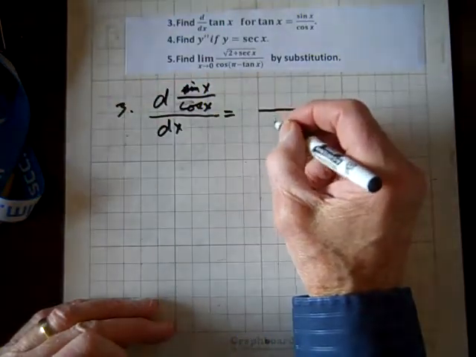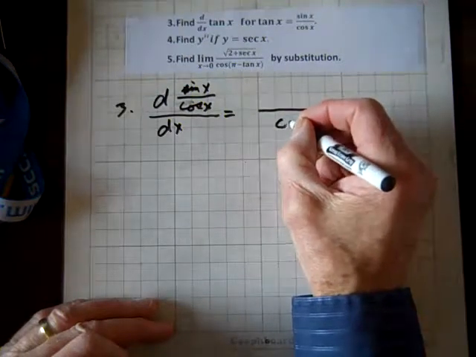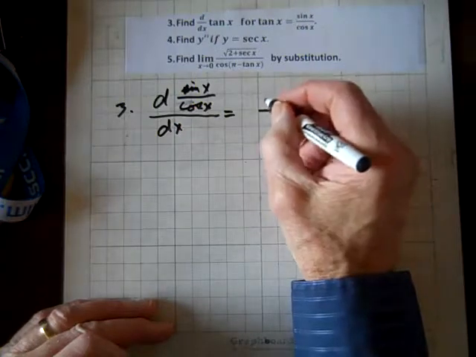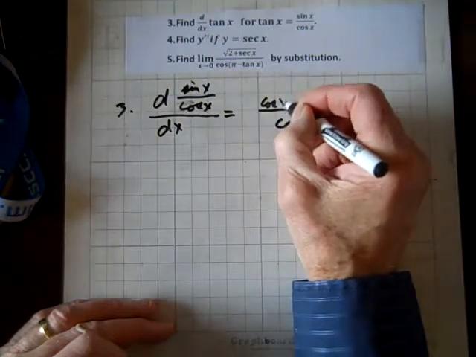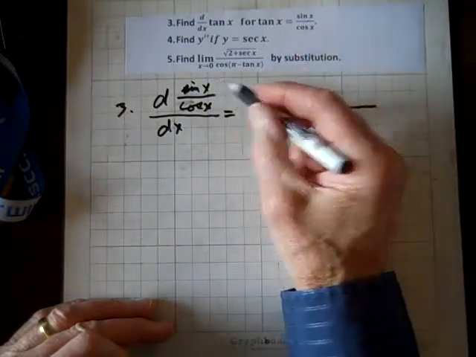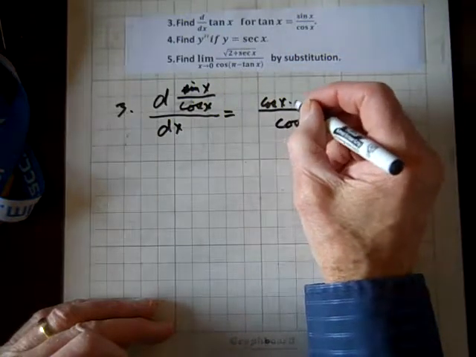And the derivative, oh yes, we square the denominator, cosine of x, so we square that. Then we hold cosine of x constant, and we take the derivative of the numerator, sine of x. Well, that is cosine of x.